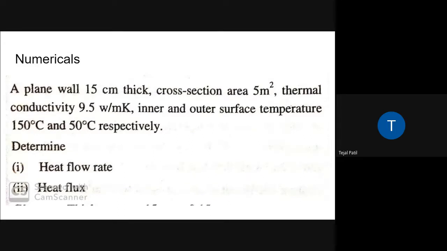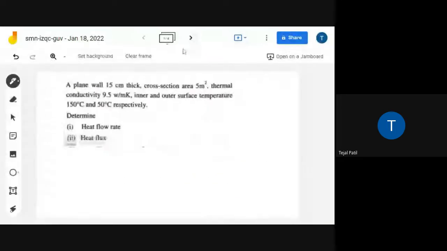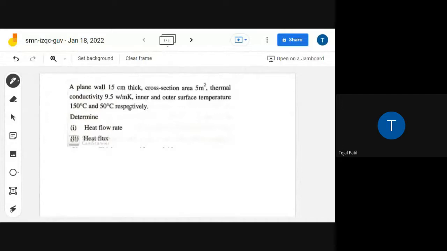Let's take the first numerical. Before going to it, let me write down the formulae so that it will be easy for you to grasp.